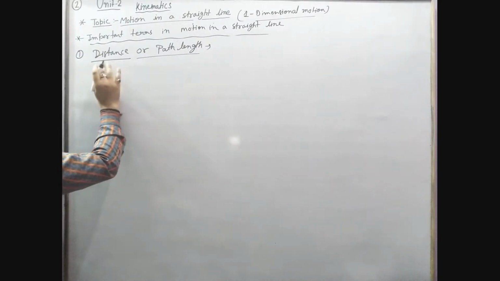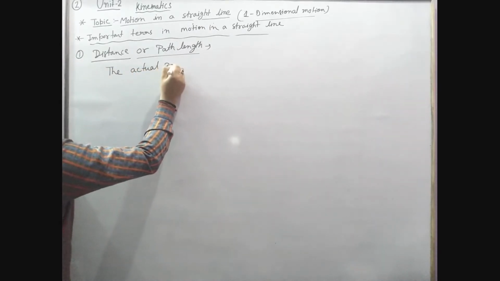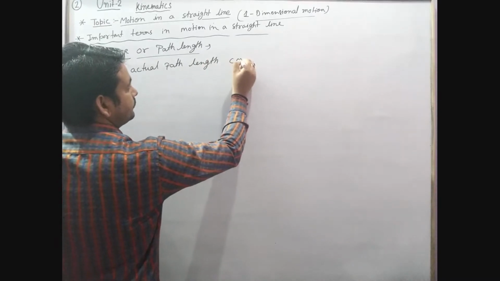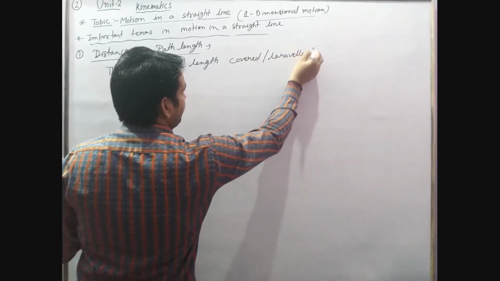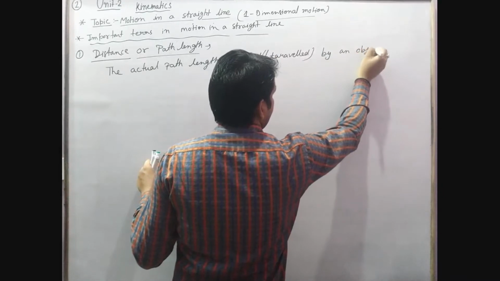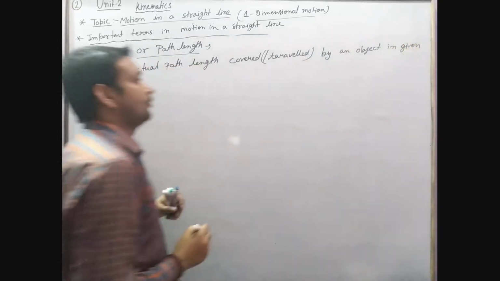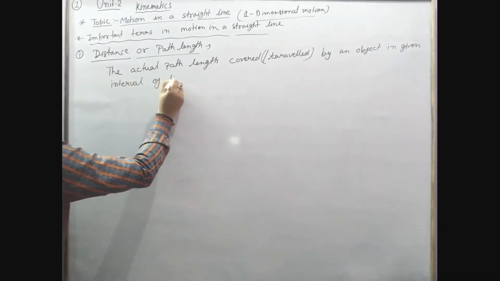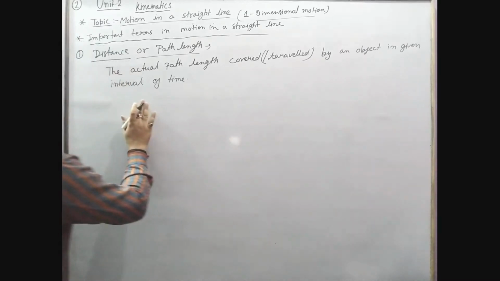Okay, so the distance is defined as the actual path length covered or traveled by an object in a given interval of time.